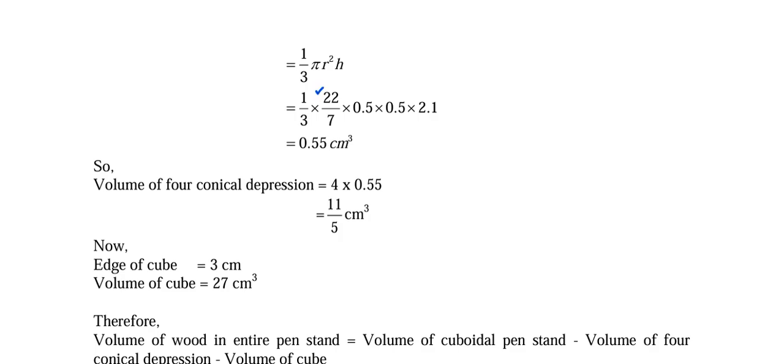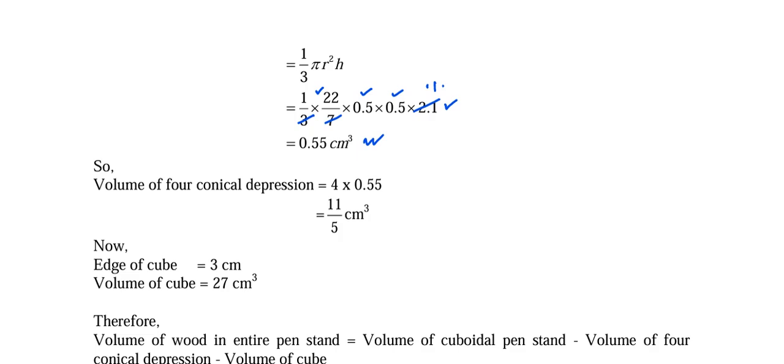Value of r is 0.5, r square, therefore 0.5 into 0.5, and height is 2.1 centimeter. After cancelling this out, then we get here 0.1. After the multiplication we get 0.55 cube centimeter.